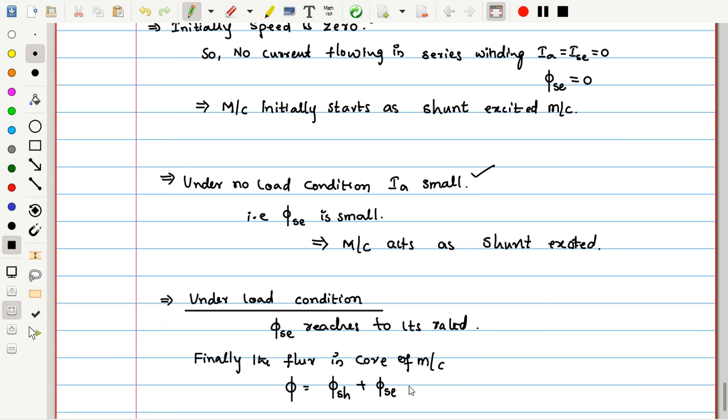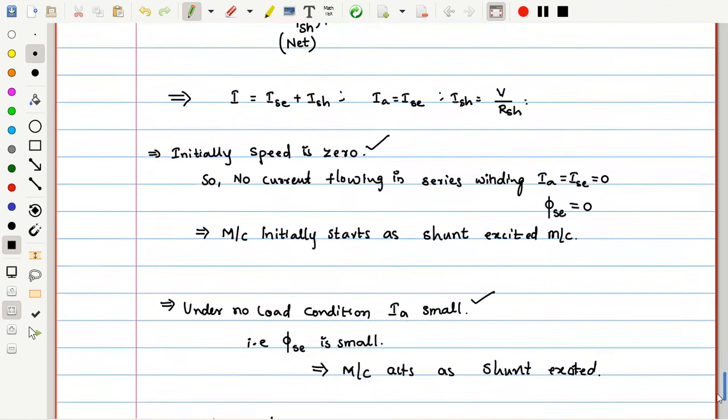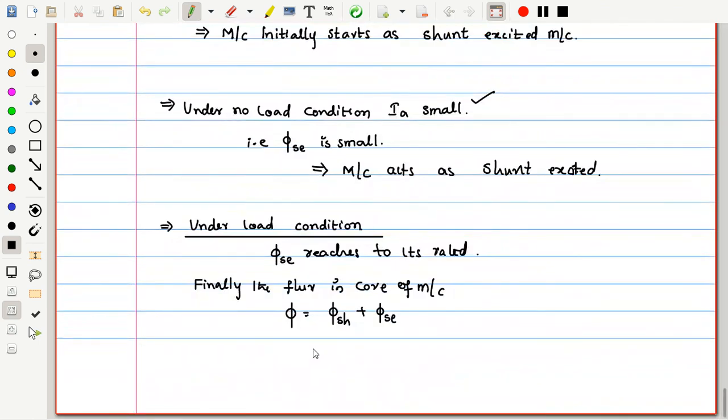But this may not always be plus; it depends on the field connection. If I reverse these terminals, say this is the F terminal, then the series field flux may be negative and the net flux may decrease. So the net flux may be phi SH minus phi SE also.